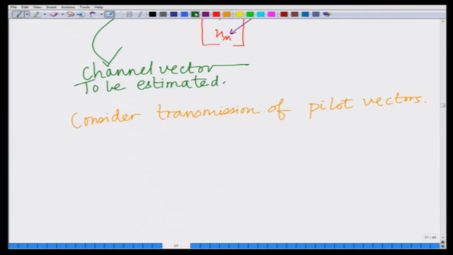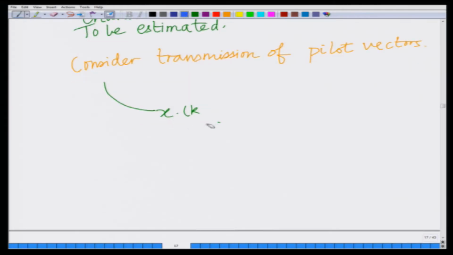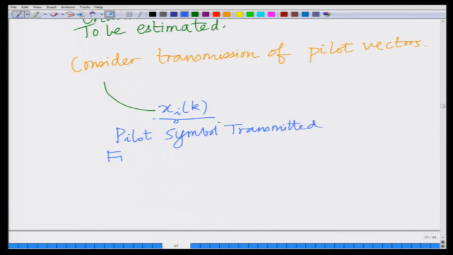there will be multiple such vectors. So, what will we have? Let us say now we denote by xi of k the pilot symbol transmitted from the ith antenna at time k, right.